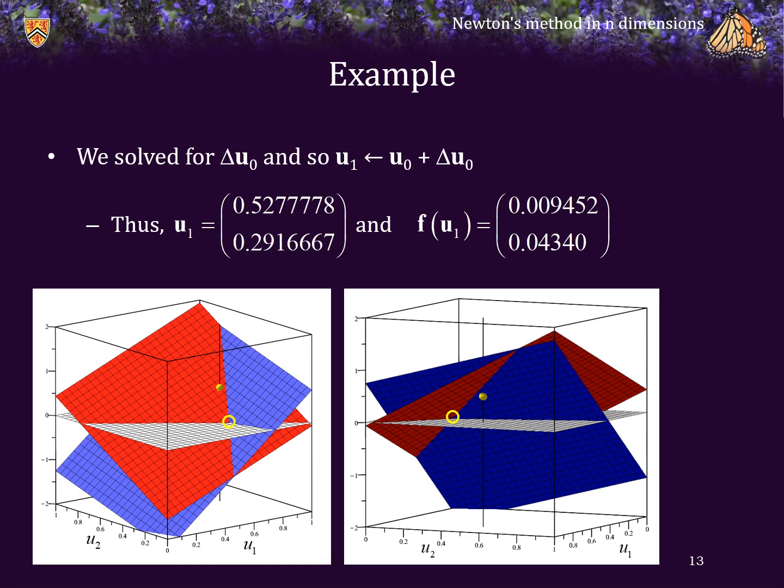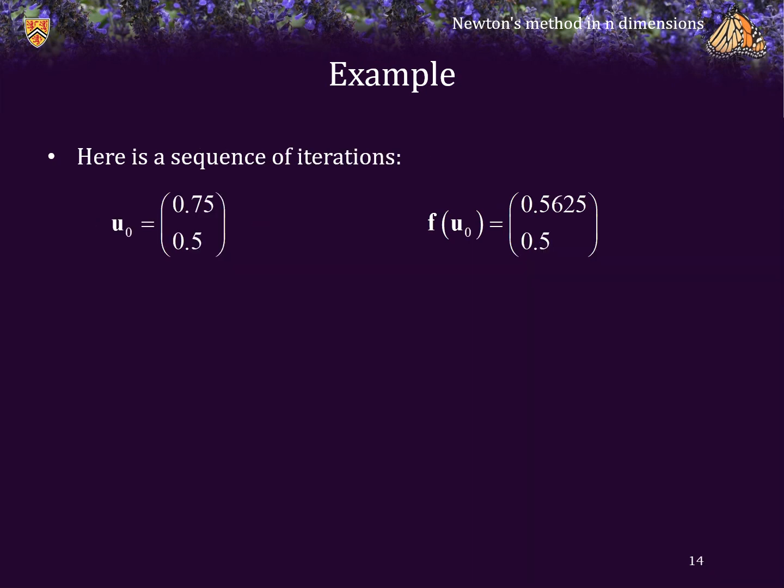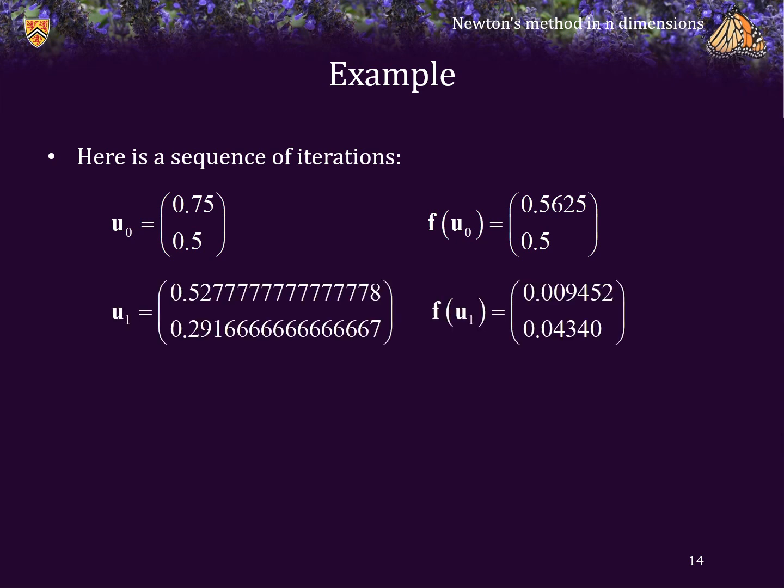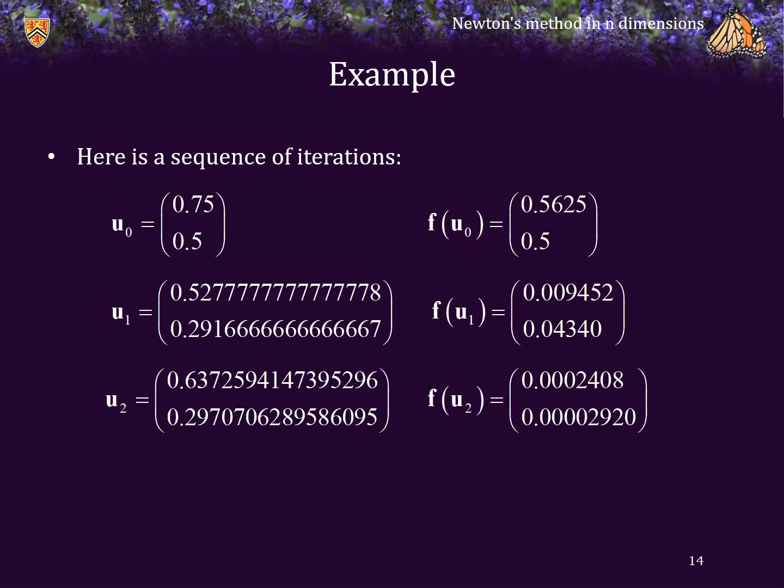Now that we found u1, we can do the same process again and find u2, u3, and so on and so forth until it appears to converge. Here's the sequence of iterations. From u0, we saw that we can calculate u1. If we were to repeat this process and calculate it again, we would find this point here.